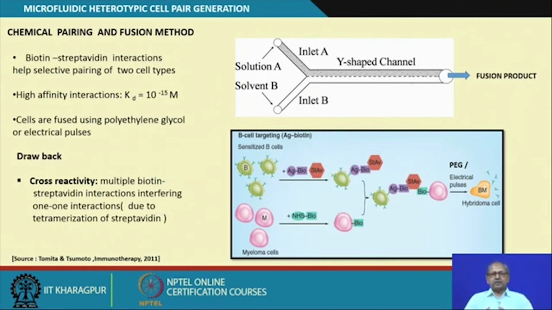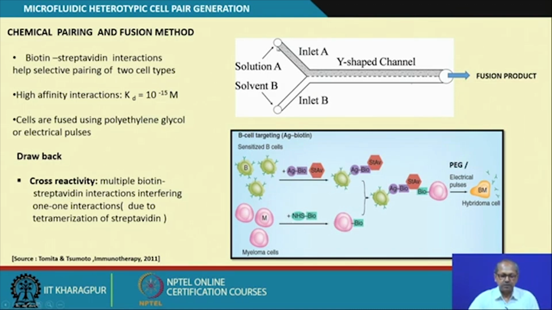Here the principle adopted is the streptavidin-avidin selection process. These are very strong ligand and receptor, with a binding constant around 10^-15 molar. Myeloma cells are labeled with biotin, normal chemistry, and B cells, or you can say splenocytes, are labeled with streptavidin.